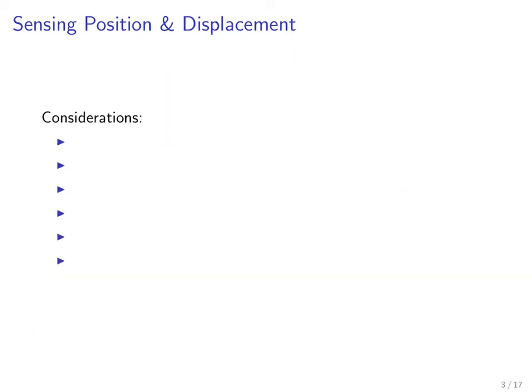So there are some considerations that we have to think about when we're designing or choosing a device here. We have to think about whether what we need are relative or absolute measurements. We have to ask ourselves whether we want to measure linear or rotary displacement, or angular displacement.